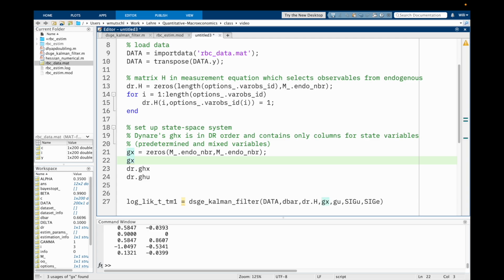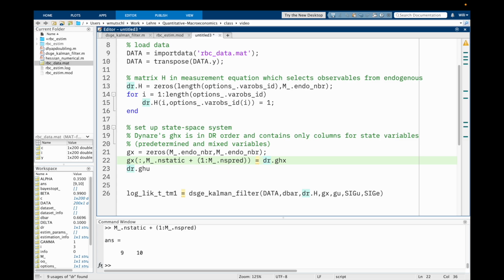And then I'm going to fill the columns for the state variables with what Dynare computed. So first come static variables and then predetermined and mixed, and Dynare has a number for that. Those are predetermined and mixed variables. So I'm going to fill the 9th and 10th column with ghx.